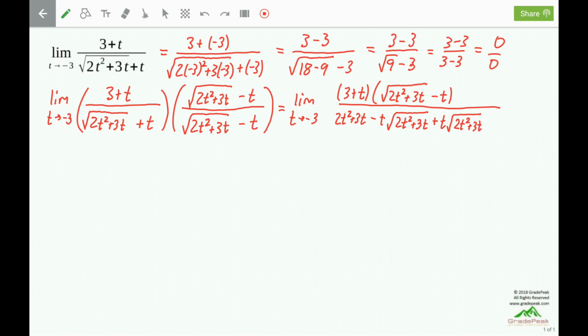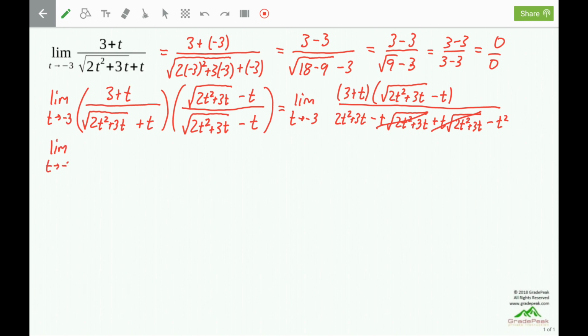And last, positive t times -t is -t squared. The outside and inside terms cancel, equal value opposite sign. Our next step is to combine together the t squared terms that are in the denominator.